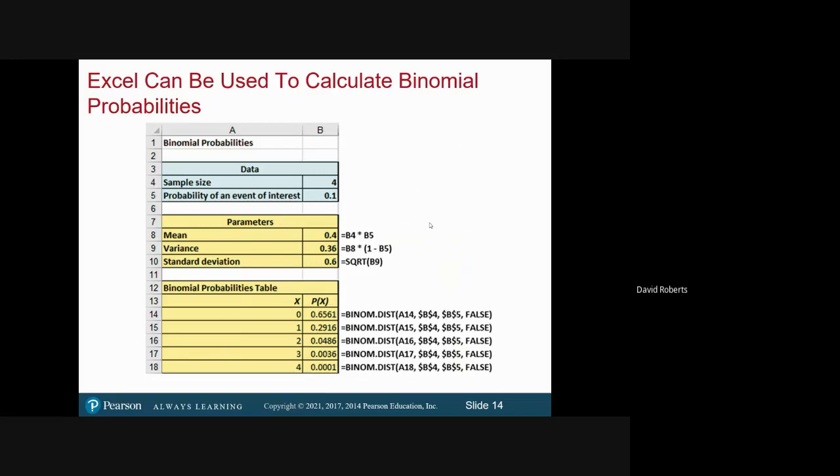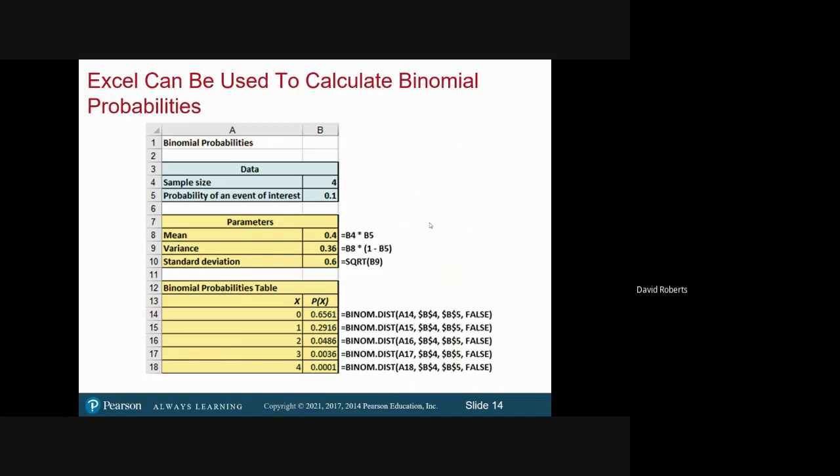So when you copy and paste it, it's still going to refer to B4. So you have absolute column B, absolute row 4. And then the same thing for B5. So if you want to copy and paste it or drag it down, then you need to make sure those are in absolute terms. And then false means that it only is for 0.